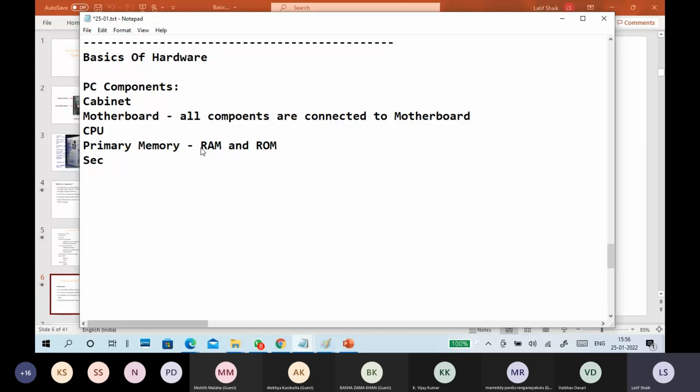Secondary memory. Here is the list I will put: hard disk, SSDs, CD, DVD, pen drives.